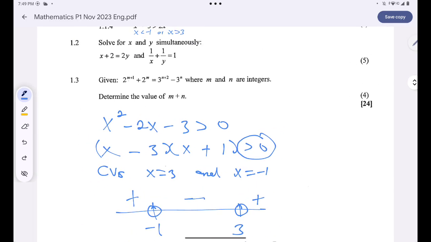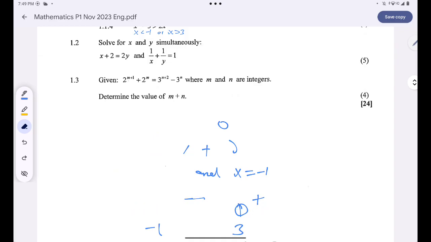Okay, and then 1.2, I'm supposed to solve x and y simultaneously. I'm given two equations. I'll simply say x plus 2 is equal to 2y.